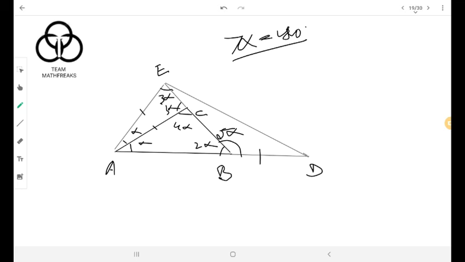Now you find. Now it's a difficult task.